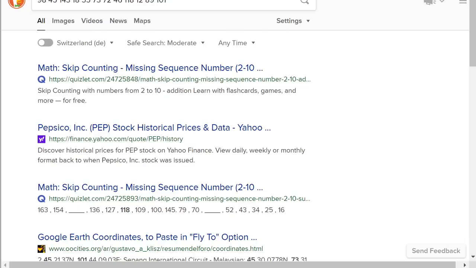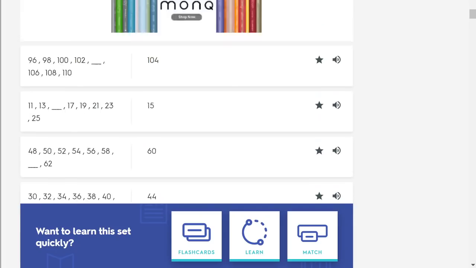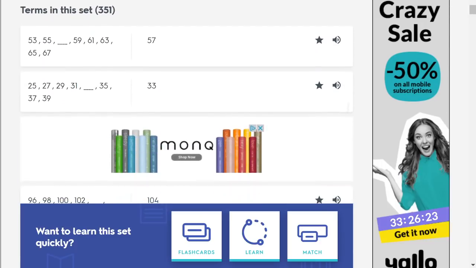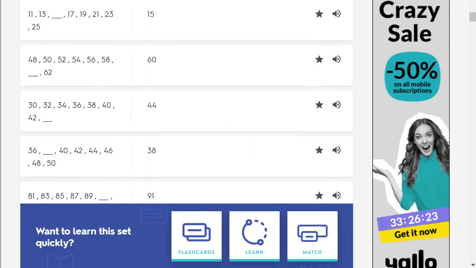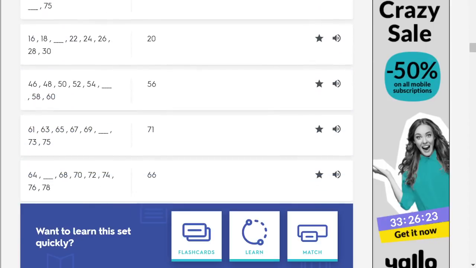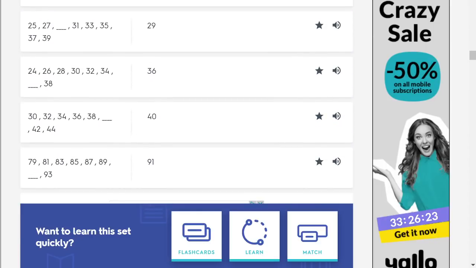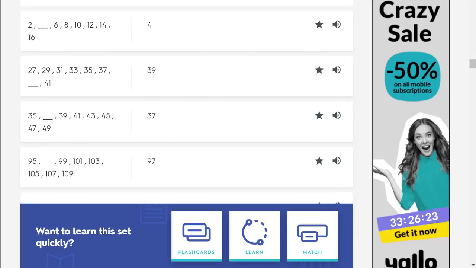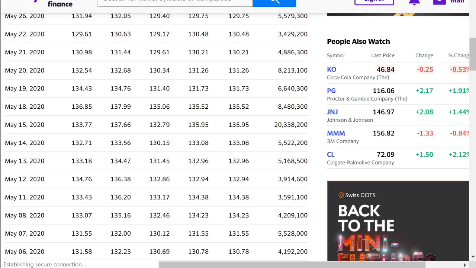And the first thing I find when I type in just these numbers is math, skip counting, missing sequence number, and a website where basically the answers are already given. Look at that. So all the model has to do is recall this particular training example from the samples it already has, and it will be able, in quotes, to perform addition.